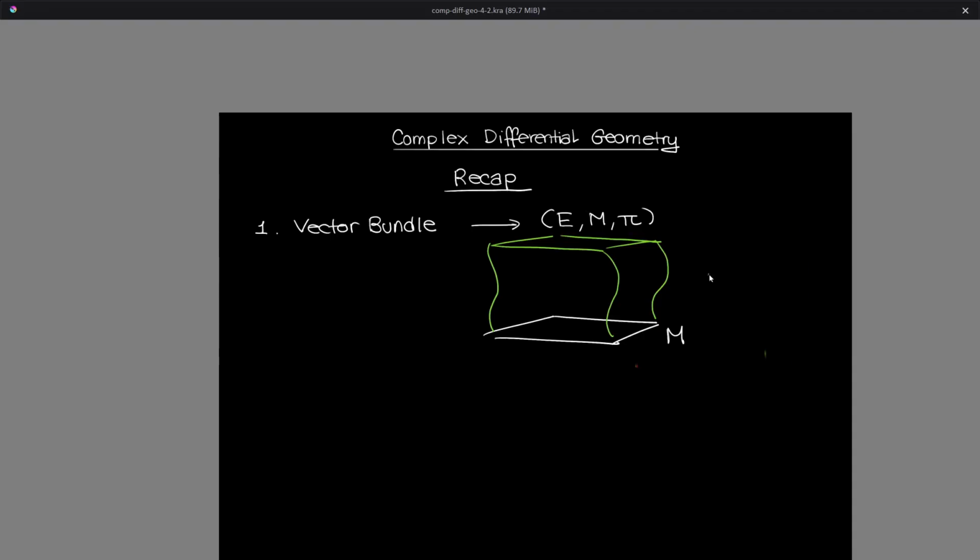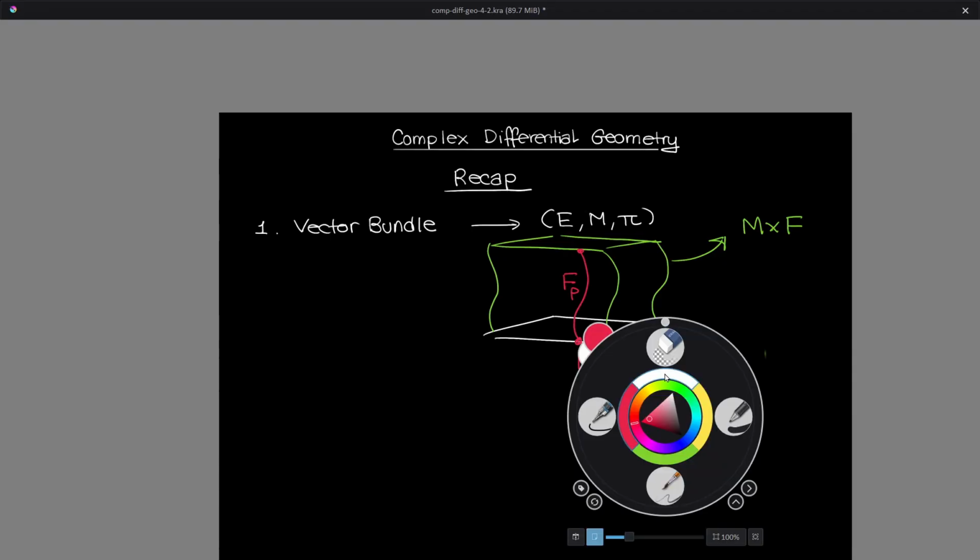This thing is diffeomorphic to M cross F, where F is this fiber, and we'll call it F_p to signify that it's the fiber over p.